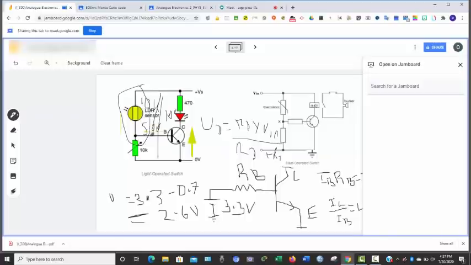The voltage across this point will not be the same. So there will be a time that the voltage will be high, there is a time that the voltage will be low. So with that, it will switch this on or switch it off. So depending on the voltage that we have at the base, that's what will determine what will happen at this output. And the same thing goes for this thermistor.